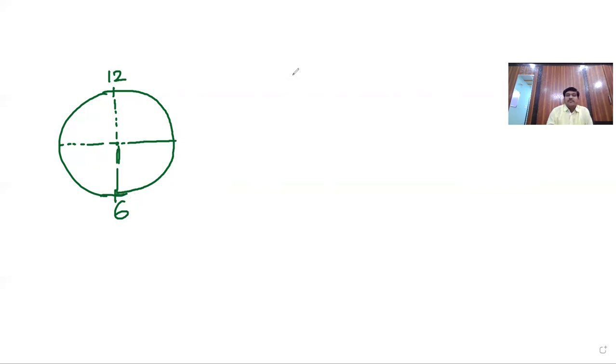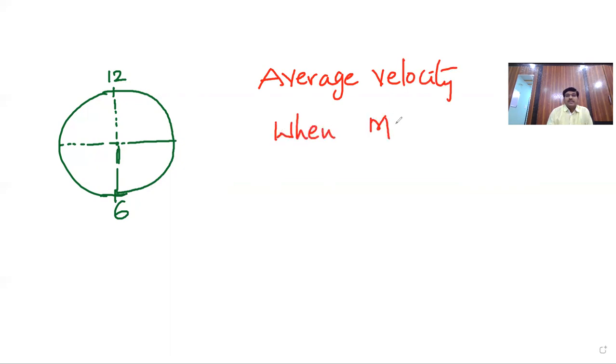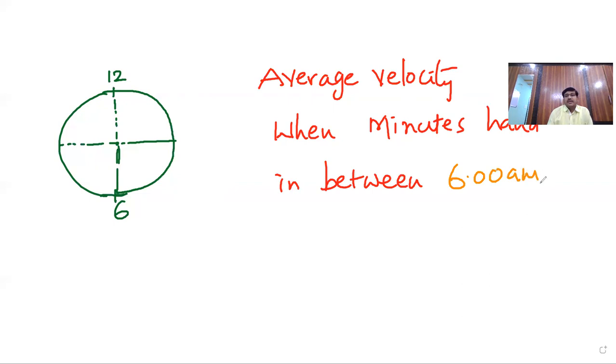He requires average velocity when the minutes hand is in between 6 a.m. to 6:30 a.m. That was the condition.